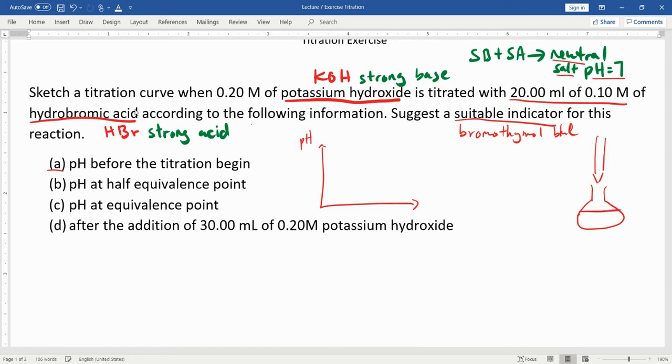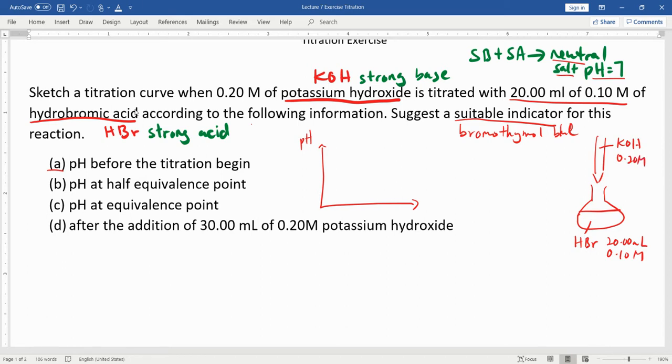Meaning the analyte in the conical flask will be hydrobromic acid, 20 ml 0.10 molar, and our titrant will be KOH, which is 0.2 molar.